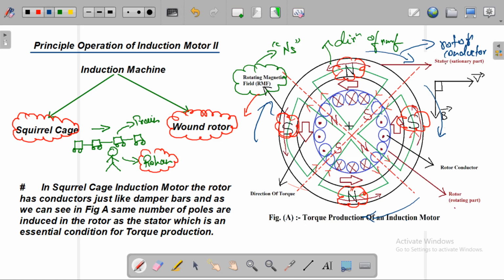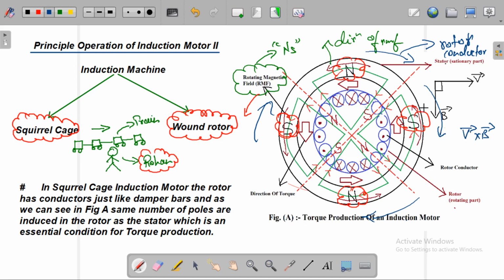Now, these cross and dot notations depend on V cross B. How do the dot and cross notations depend on V cross B? Let us see.